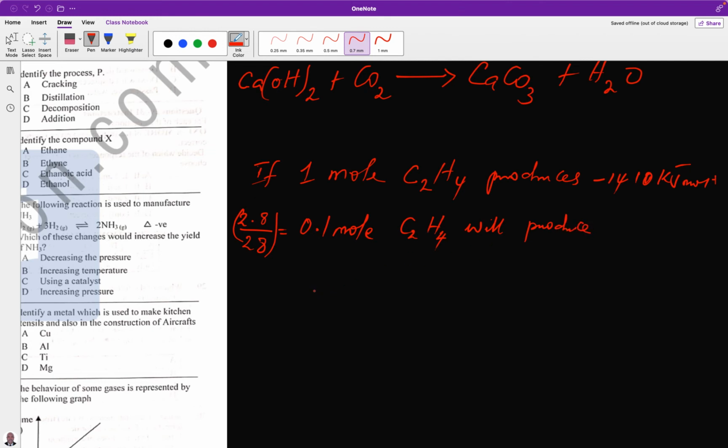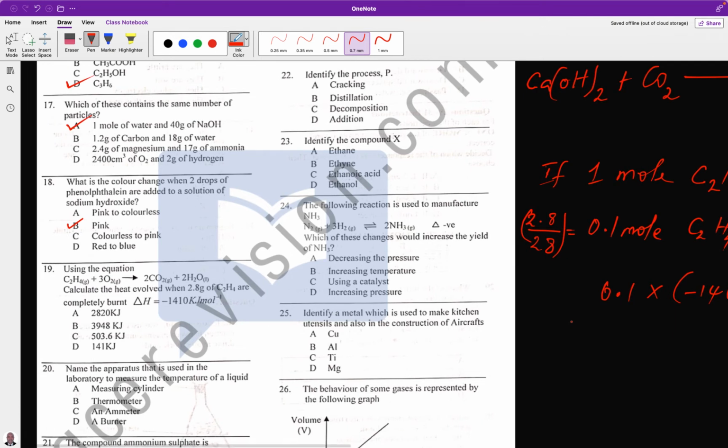It's a matter of cross multiplication. 0.1 times minus 1410, which is minus 141 kilojoules. Now remember that this is a combustion reaction.